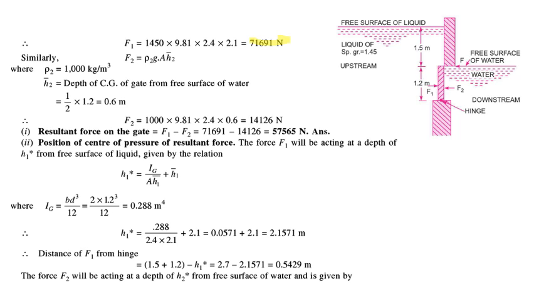So I believe this F1 will be calculated. Now let's see the F2 expression. F2 will be the water, so 1000 into 9.81 into the area, 2.4, into 1.2 by 2, so 0.6.